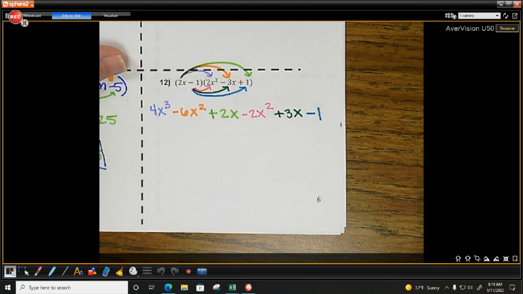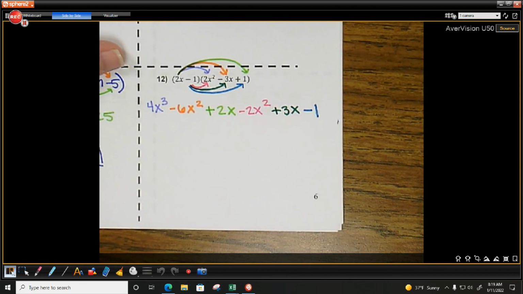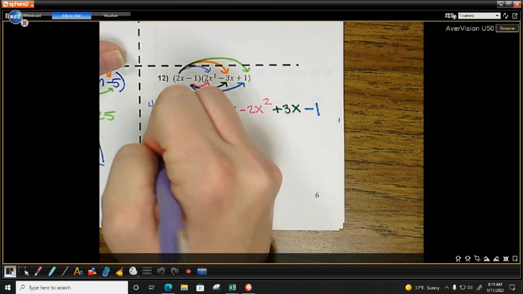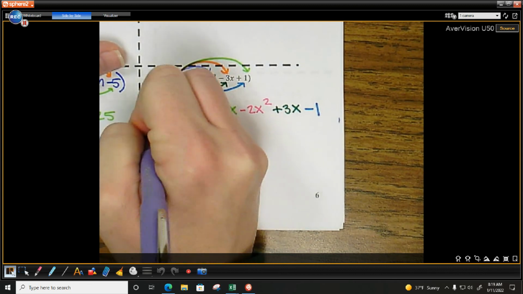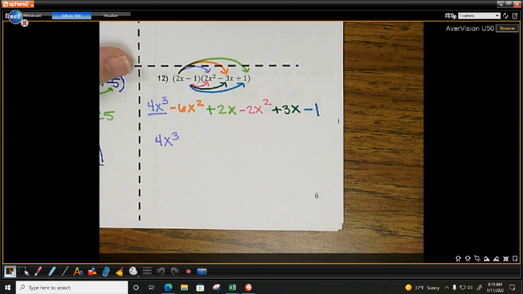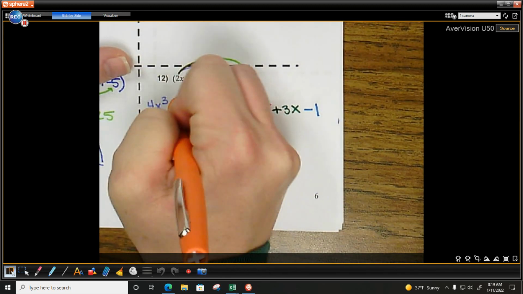So now this looks like what we did on day 1. We need to write it in the correct order and combine our like terms. What's my biggest exponent? 4x cubed. Cubed is my biggest exponent. There's no like term with 4x cubed. Done. What's my next biggest exponent? X squared. So I have negative 6x squared. Is there another x squared term? Negative 2x squared.